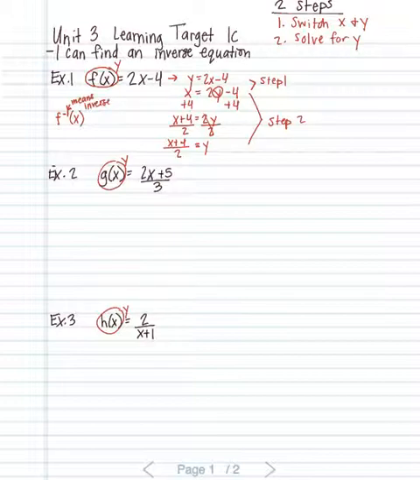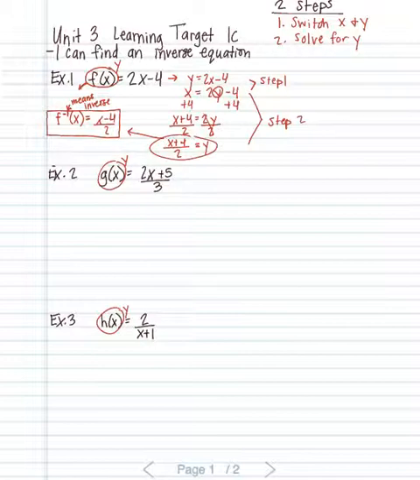So instead of writing f of x like our original, we're going to write f negative 1 of x. And all we're doing is taking this and writing it with the correct notation. So f inverse of x equals x plus 4 over 2, which is what we got when we solved for y. That's how you find an inverse. Switch x and y, solve for y.